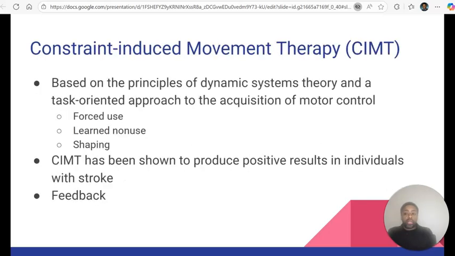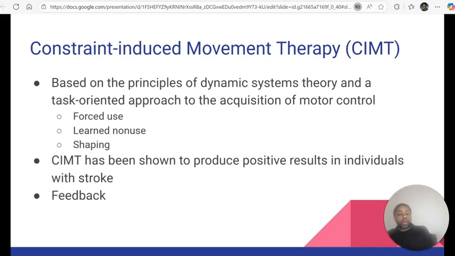Again, as I mentioned, the CIMT, it's forced use of the affected upper extremity in order to combat learned non-use. So what happens after a person experiences a stroke and they have hemiparesis on the one side? Because it is difficult to use their arm functionally, they rely on the non-affected side. So over time, there will be a learned non-use of the affected side, even if there is some movement preserved.